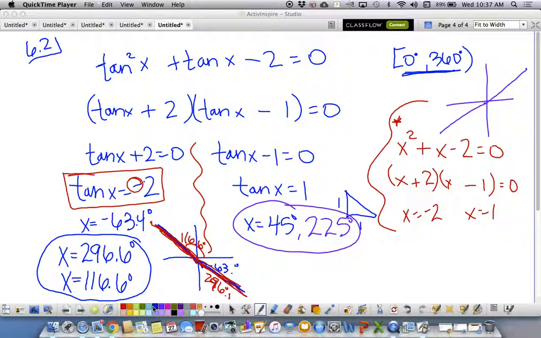So did you do 180 minus 63.4? It should be 116.6. I used 90. We're not going 90 plus 64. The 64 is not right here. It's on this side. Okay.